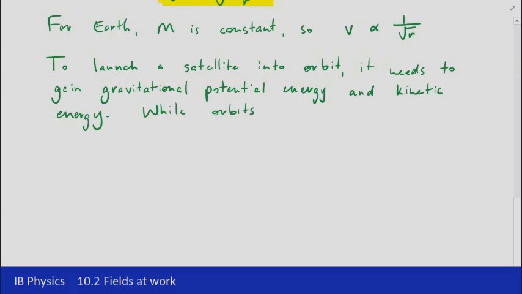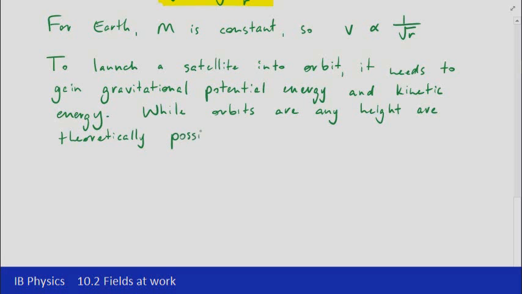So we're going to have a look very quickly now at some different orbits. While orbits of any height are theoretically possible, there are obviously a few conditions on what's practically possible. For example, we can't really have an orbit that's only, say, 100 meters above Earth's surface, given that air resistance would significantly impact that, not to mention buildings and mountains and whatever else.